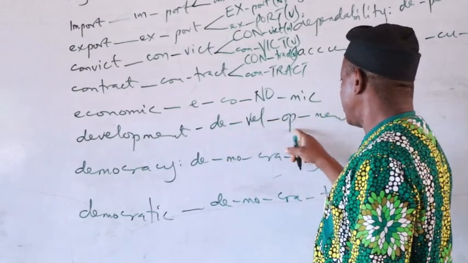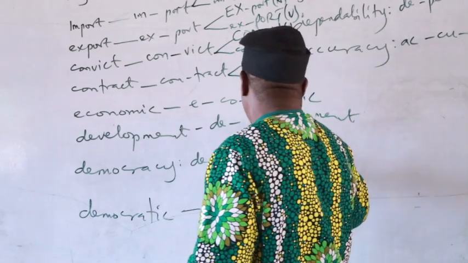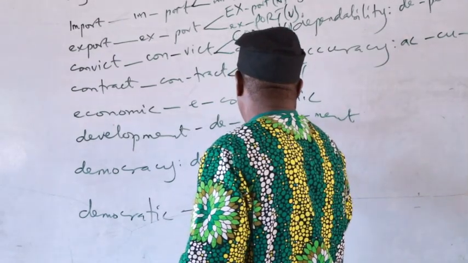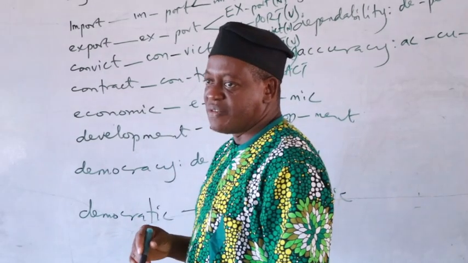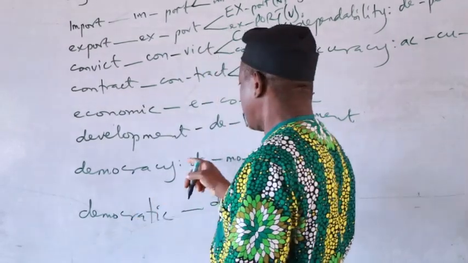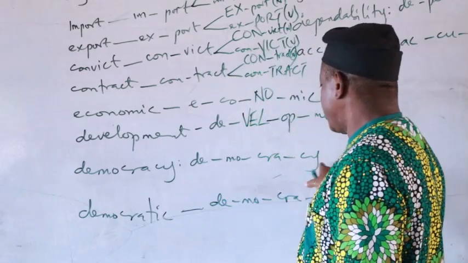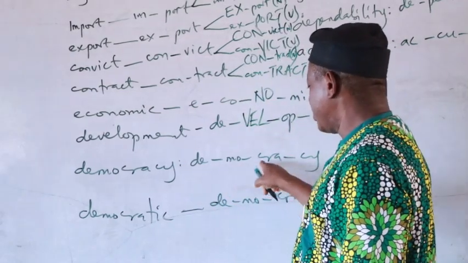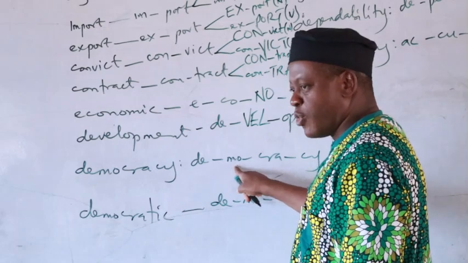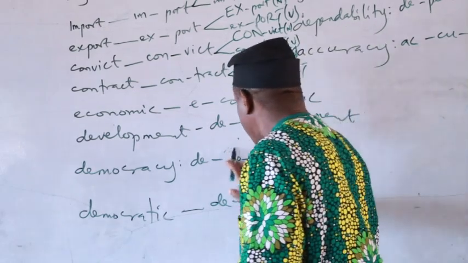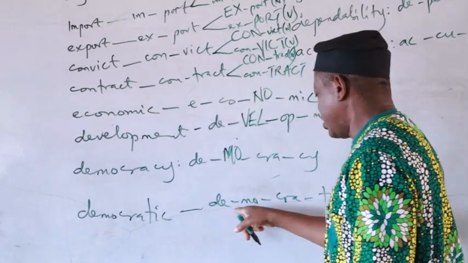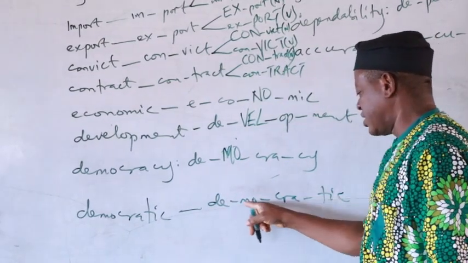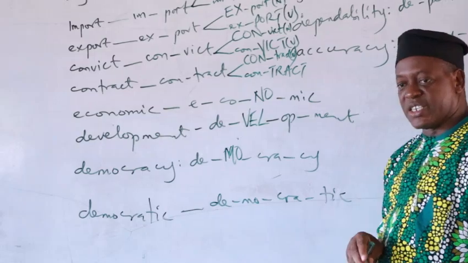Re, mi, re, do. Democracy. Re, mi, re, do. Democratic. Re, mi, do. Where is the stress?